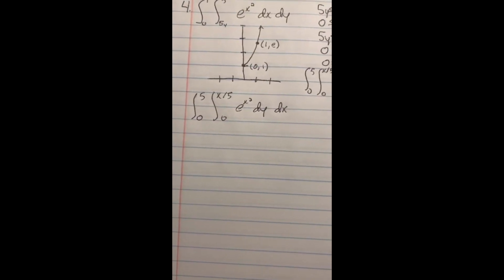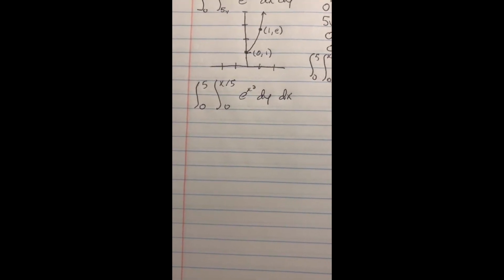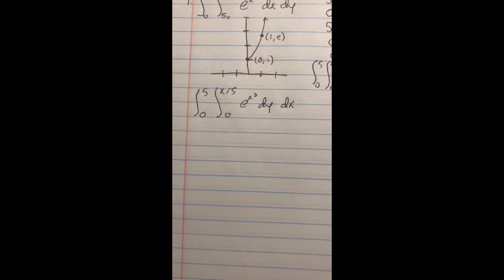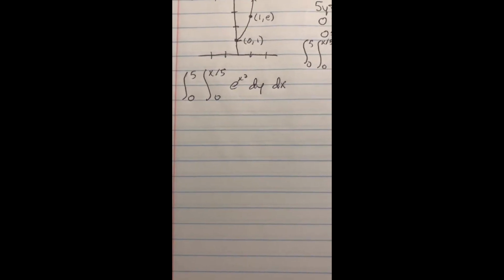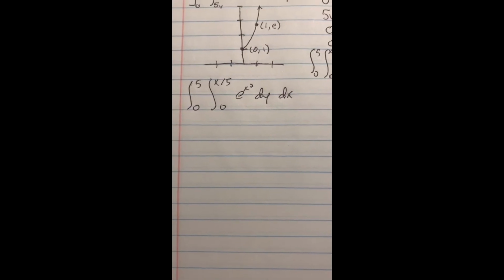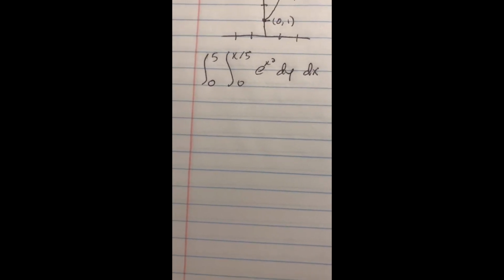All right, now to start solving this integral, the first thing we want to do is find the antiderivative of e to the x squared with respect to y. And since we are integrating with respect to y, we can treat e to the x squared as a constant.